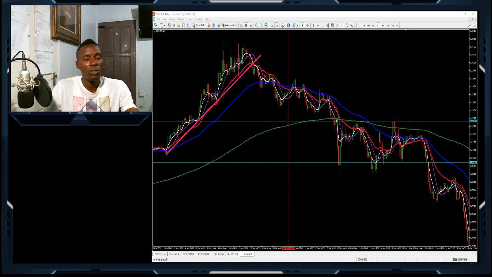But as it broke the trend line, I waited for it to make a lower low and then make a higher high before I entered the trade. So just basically something like this. Right here.